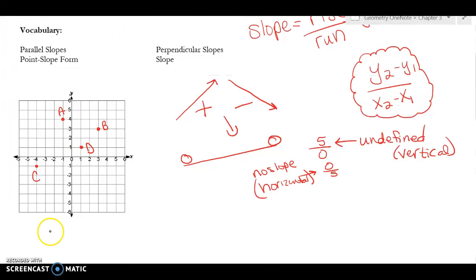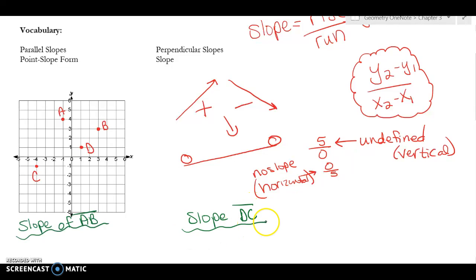I'd like us to find the slope of AB right here. And then we're going to find the slope of BC. Actually, let's not do BC. Let's do DC right here.